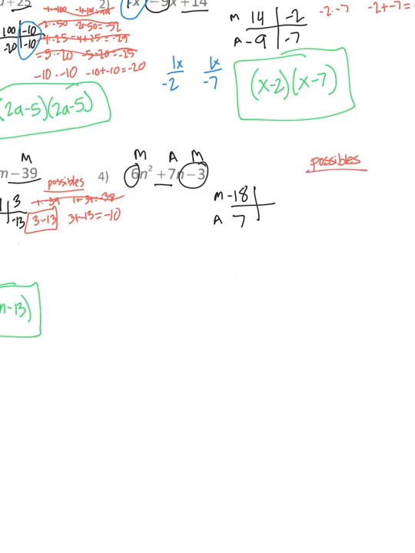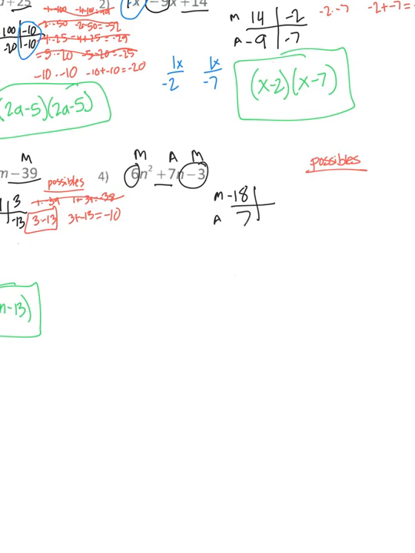Okay, my possibles here. I've got a negative for my multiplying and a positive for my adding. So that means one number is going to be negative, and if my adding is positive here, that means that my bigger number is going to be positive.